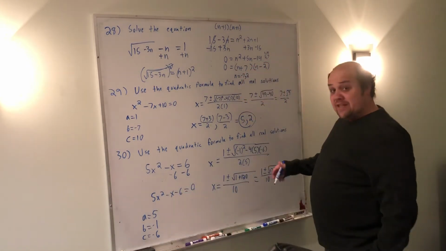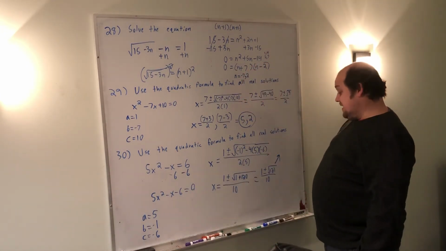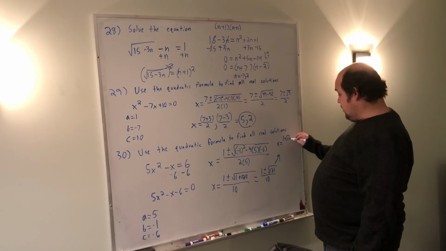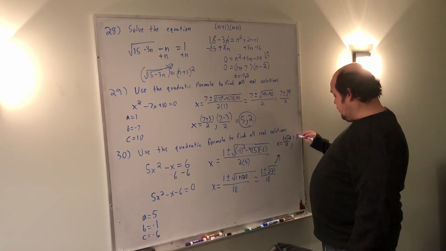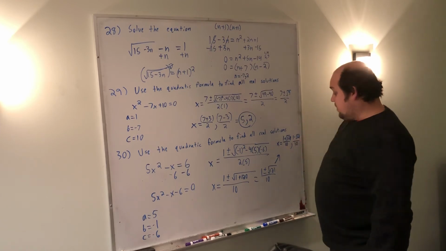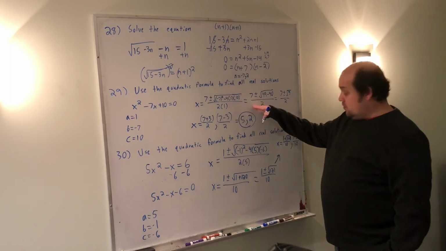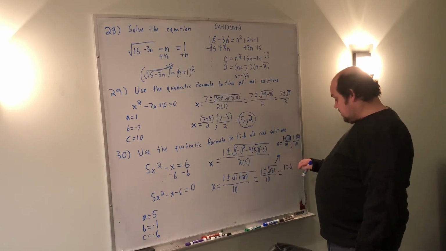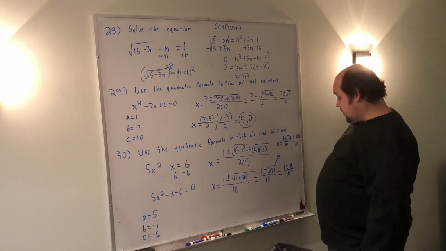If you get one here that's not a perfect square, the way I would enter this into Cengage is as x equals the fraction 1 plus root 121 over 10, 1 minus root 121 over 10. But again, since this is a perfect square, I have to do what I did above. This is really 1 plus or minus, outside of the root 121 becomes 11, all over 10.